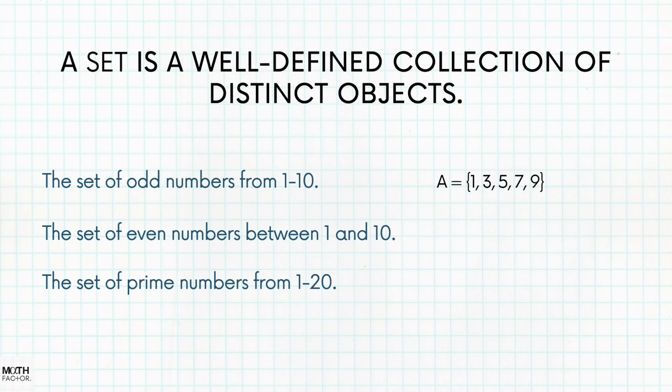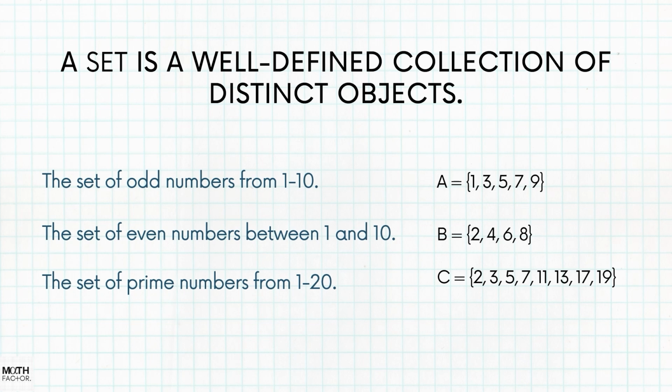For our second example, the set of even numbers between 1 and 10, we will use B to name the set with numbers 2, 4, 6, and 8. For our last example, the set of prime numbers from 1 to 20, we will use capital letter C with numbers 2, 3, 5, 7, 11, 13, 17, and 19.